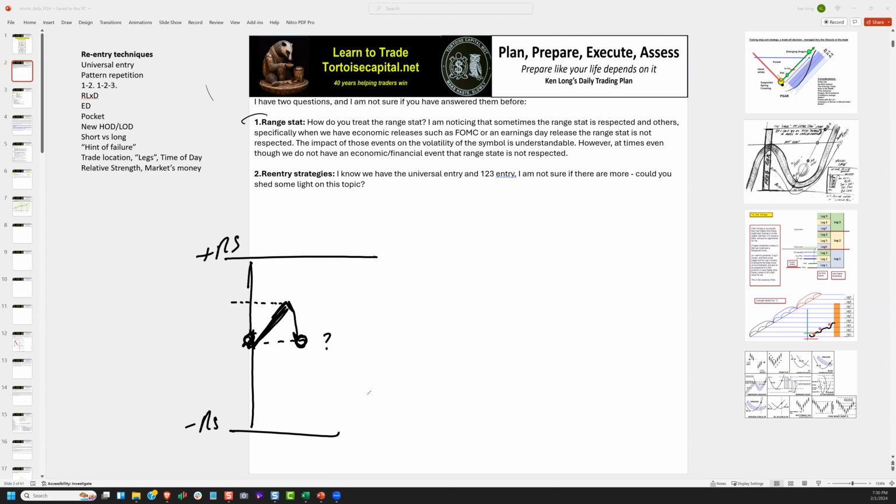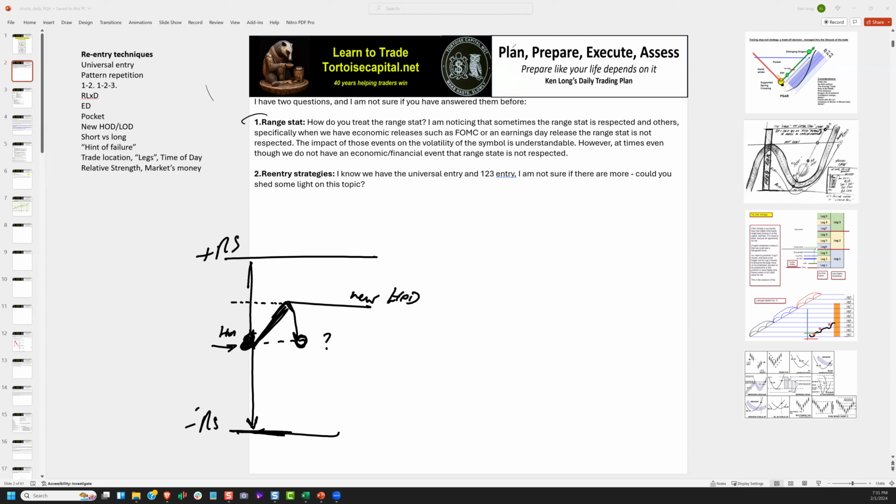to the maximum reasonable intraday move? Well, when the market first opened and price was here, the maximum it could move from the high of the day minus a range stat was this price. But now I've got a new high of the day.